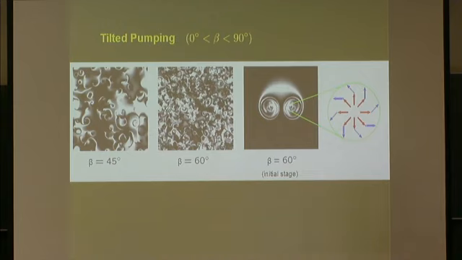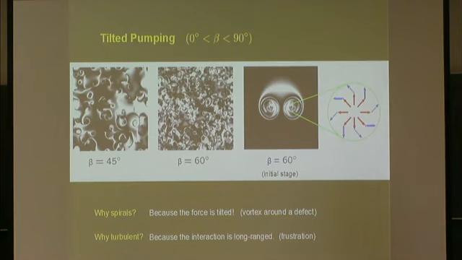Then the forces are skewed from the radial direction, and they make vortices around the core. So that's why we have spirals. Because the force is tilted, we have a vortex around the defect. And why is it turbulent? It's more complicated. It's because the interaction is long range.